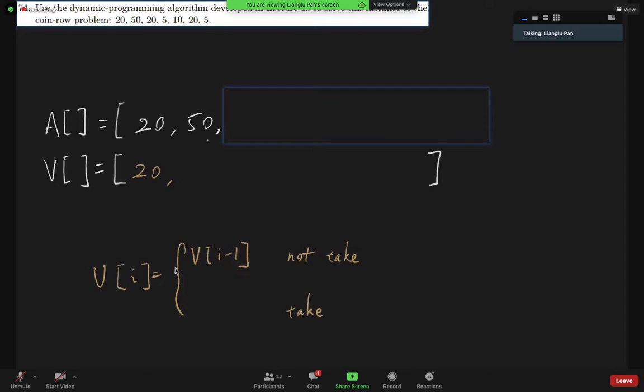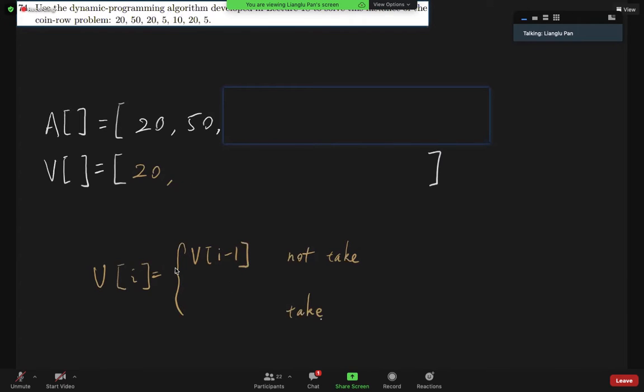In our case, if we are looking at the coin 50 cents, then the maximum amount of money we can get without taking the 50 would be the same as the maximum amount of money we can get as if we don't even have this 50 coin available to us. Right? So we can simply take the value in front of the cell that we are looking at.